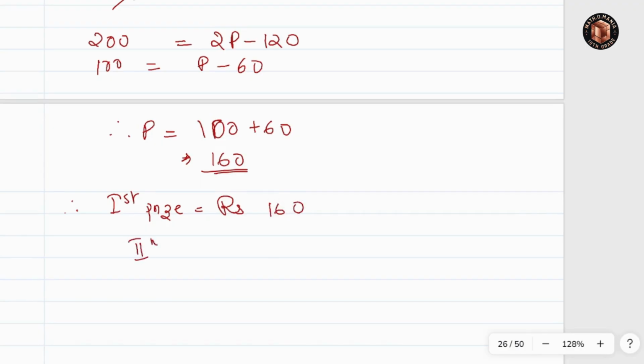Then the second price is 20 less than the first price, that means 160 minus 20, which is 140. Like that it goes on.